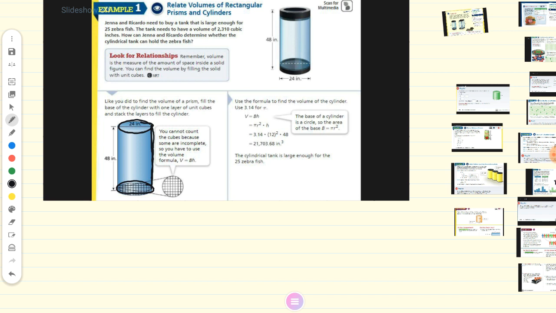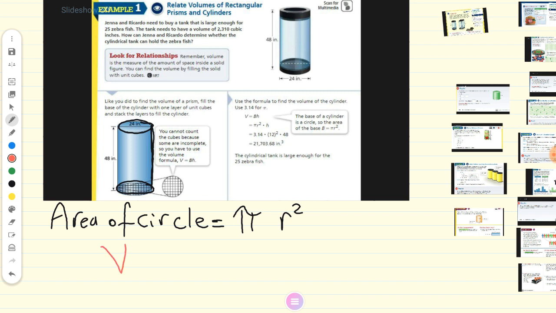So the base here is the shape of a circle, and the area of a circle equals pi r squared. This is the area of the circle. And I told you before that volume equals base area times height.